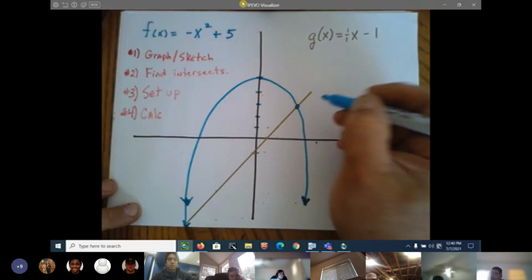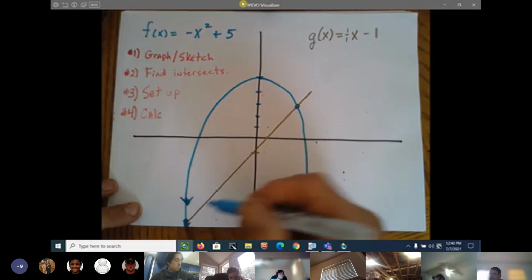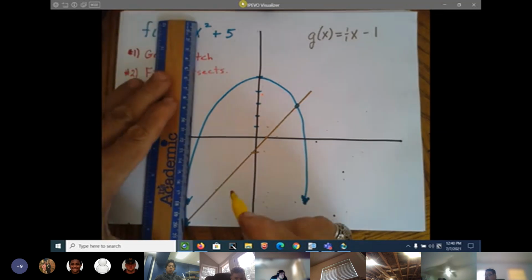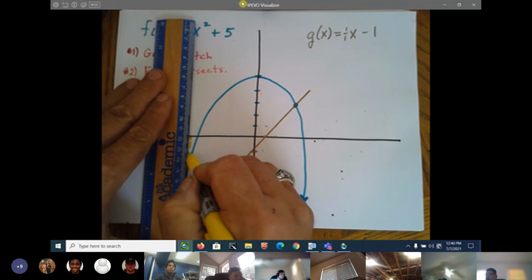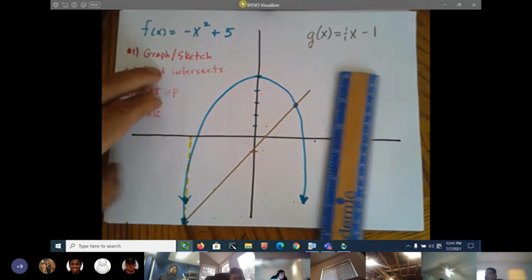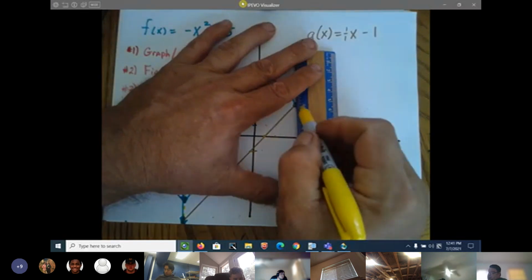So what do we got to find? Well, we got to find the intersection points. So I'm going to use another color. I don't know what color to use. I'm going to use this yellow. And we've got to find this intersection point, and we've got to find this intersection point.